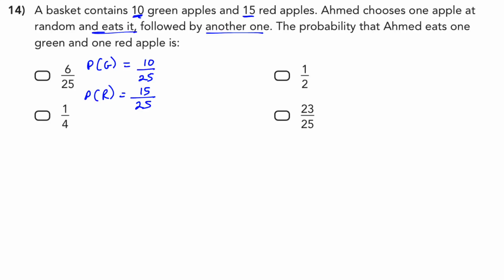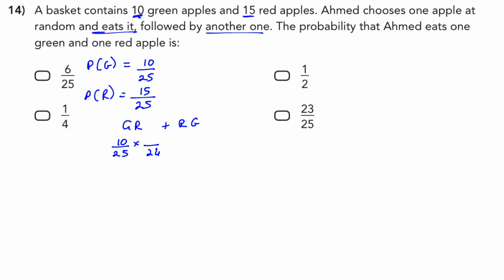And they want us to have one green and one red apple. So let's see that whether if he eats green first, the second is going to be red. If he eats red first, the second is going to be green. The probability of the first green apple is 10 over 25. Because he ate one apple, now the total number of apples are going to be 24.